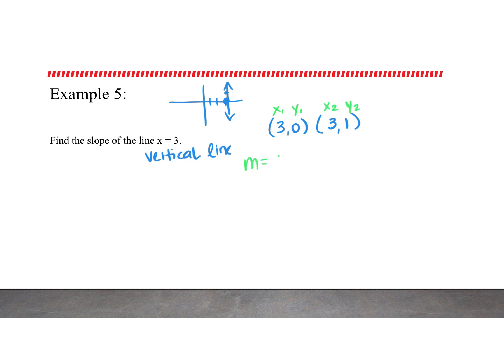I want to use our formula, so let's get in a habit of writing it every time we use it. And then we're going to start plugging in the pieces: y2 minus y1 over x2 minus x1.